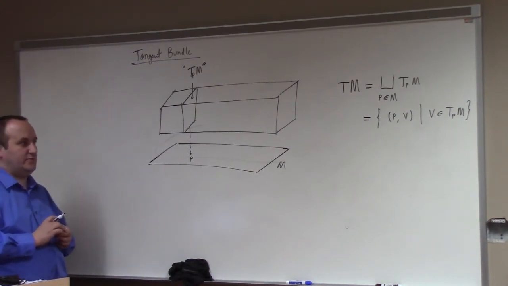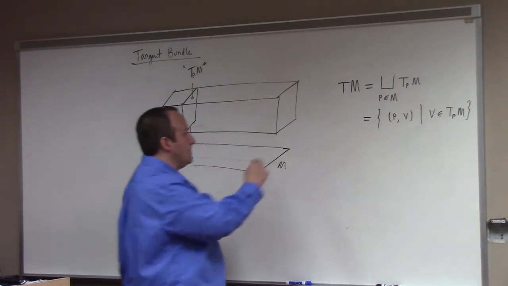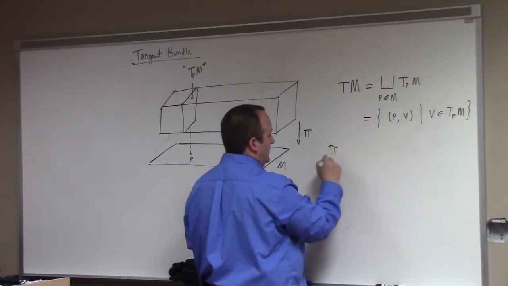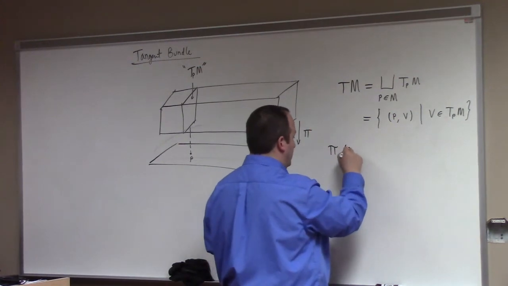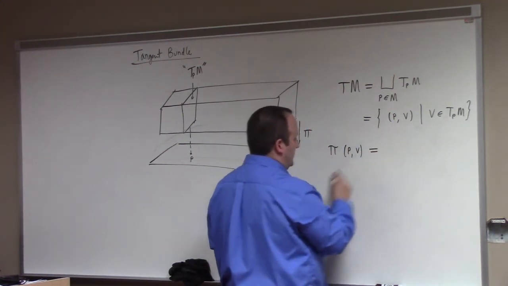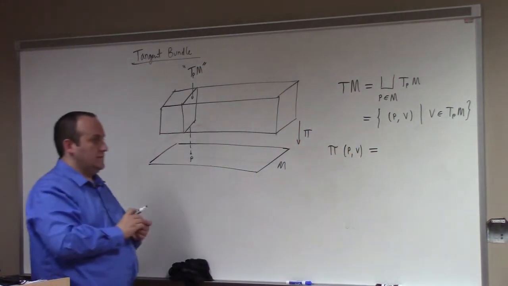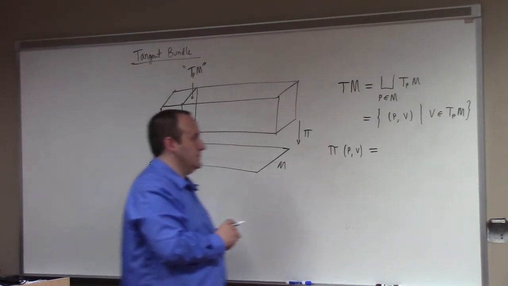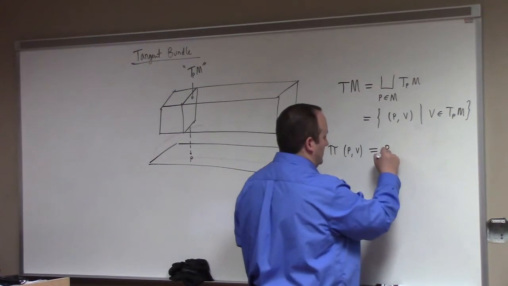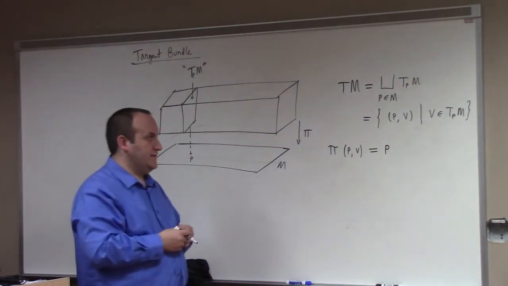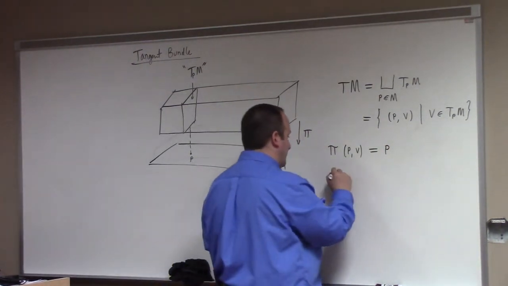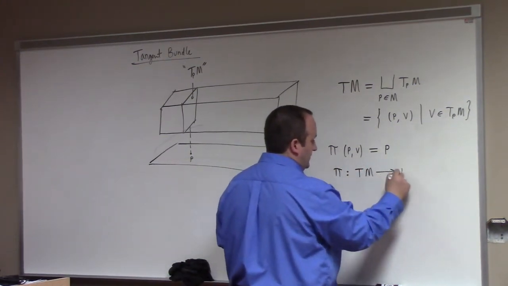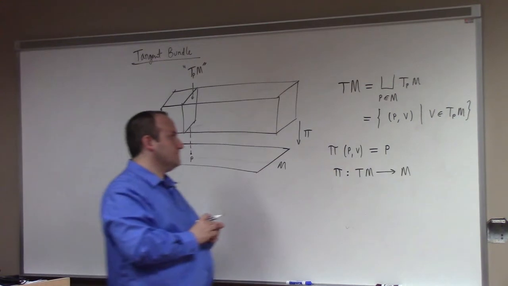And so we have a natural projection that goes from the tangent bundle down to the manifold. In particular, pi of (p, v) is just p. So pi is a mapping from the tangent bundle to the underlying manifold.